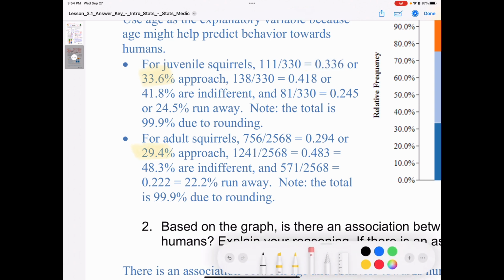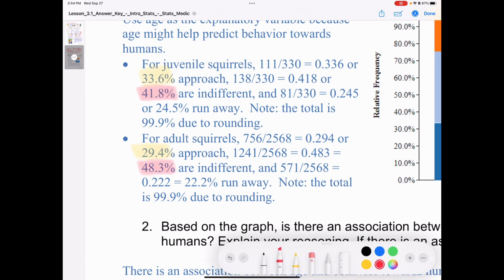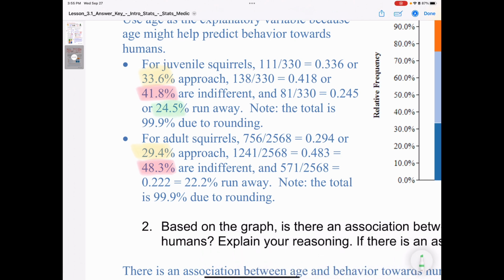If I'm within 5% of the data, that's pretty good, considered about the same. This one, 41% are indifferent, and this is 48%. On that one, I'm not as close, so that one I have a problem with. The next one is 24.5% and this is 22%, so that one's pretty close.